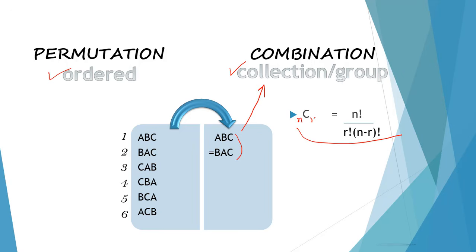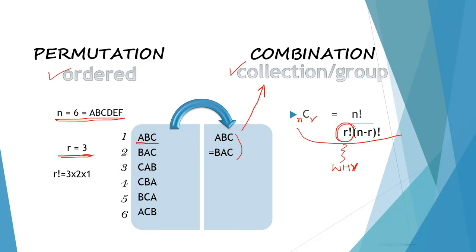How is this formula different from the permutation formula? We have this r factorial in the denominator. And we should understand what this r factorial is actually doing. If we have n equal to 6, A, B, C, D, E, F and r equal to 3, selecting 3 objects at a time.